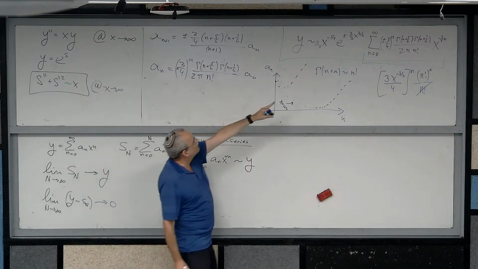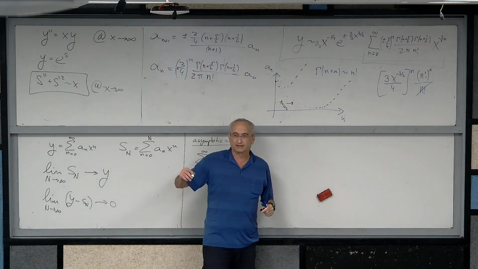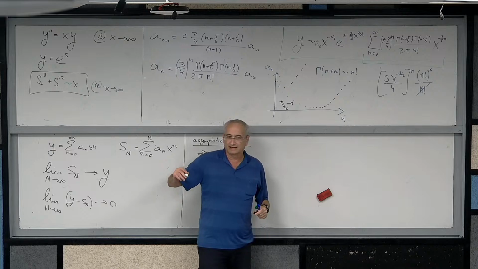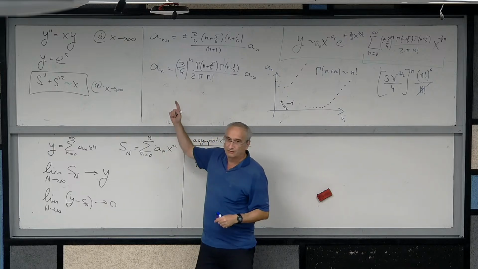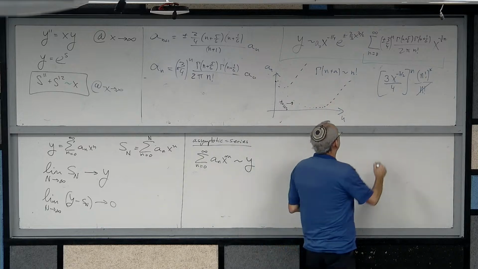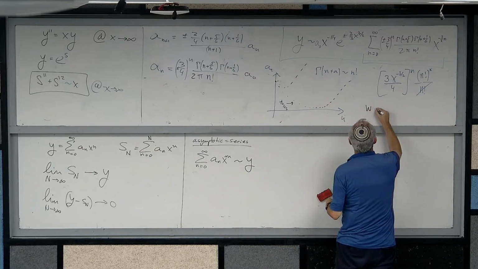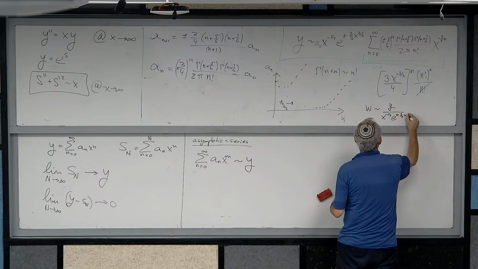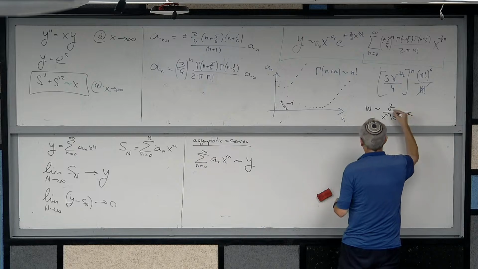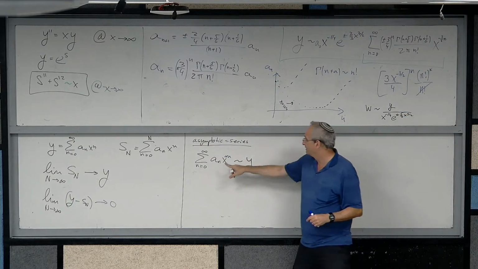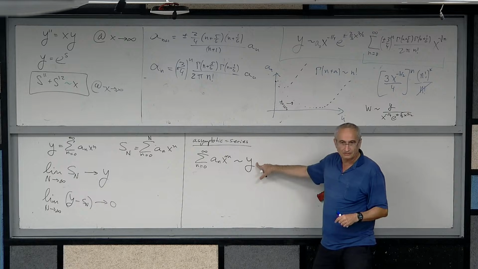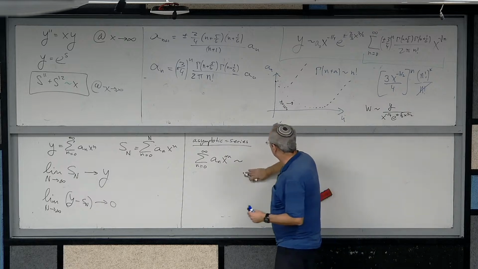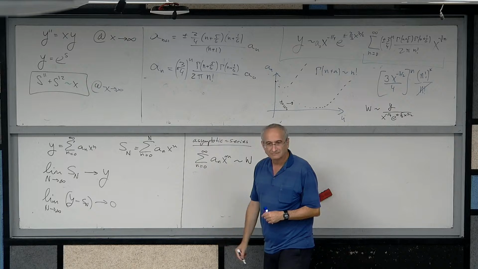This series is not asymptotic to the Airy function, it's asymptotic to w. So the series w is asymptotic to y divided by x to the minus 1/4 times e to the plus minus 2/3 x to the 3/2, right? This is the function y that I referred to here.